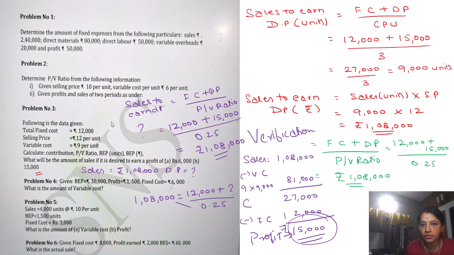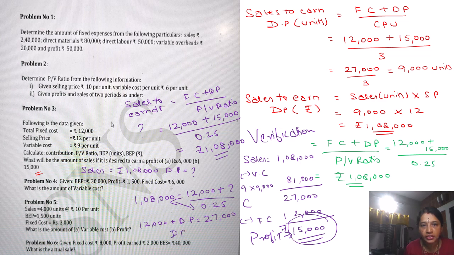So you do cross multiply. 12,000 plus desired profit is equal to 1,08,000 into 0.25, which is 27,000.